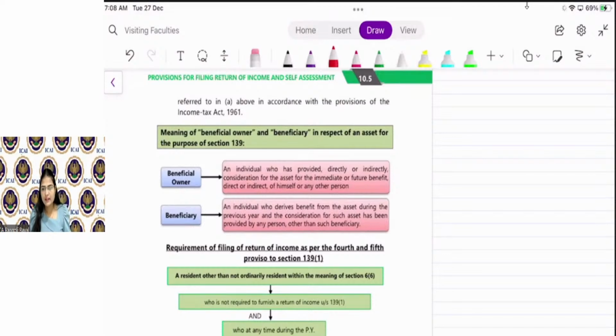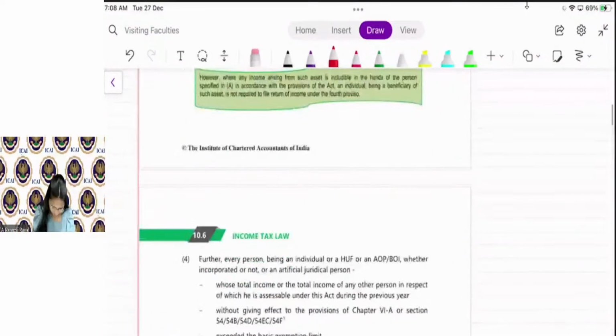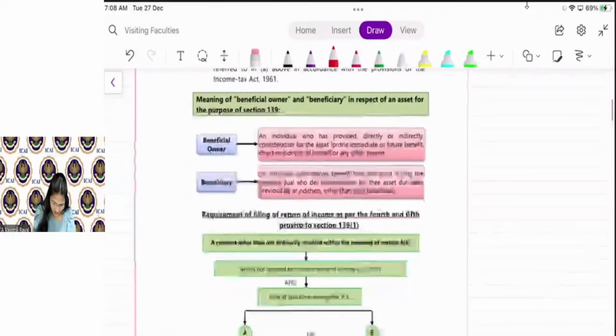In that case, my dear friend, if the beneficial owner has already reported in his income that he is holding a foreign asset, then the beneficiary is not required to file return of income. Okay. So the summary is given here.